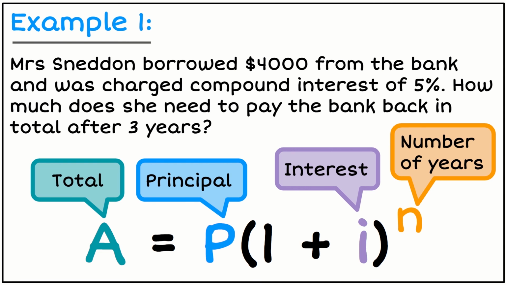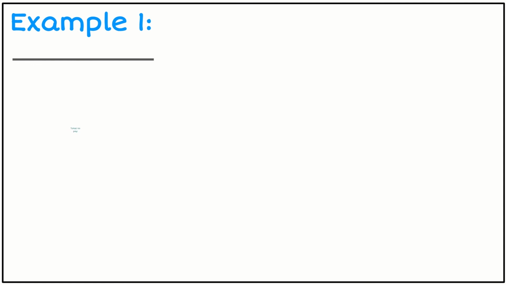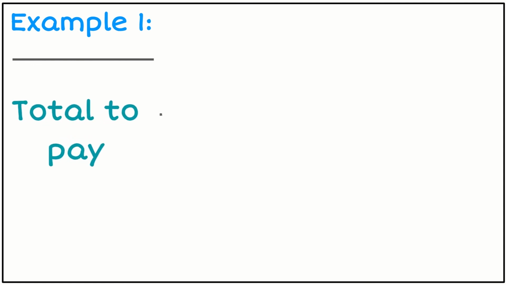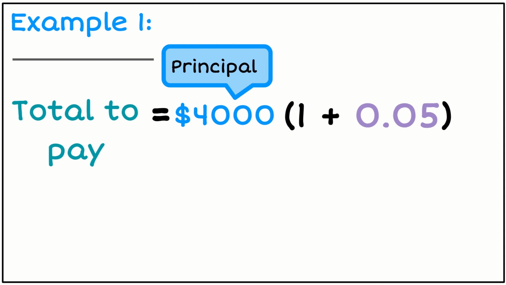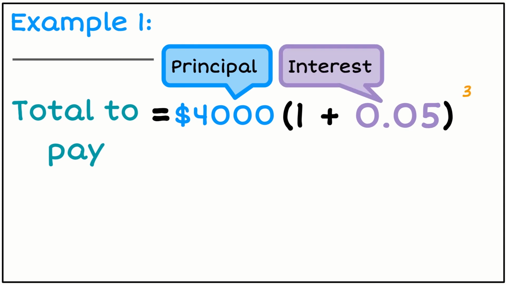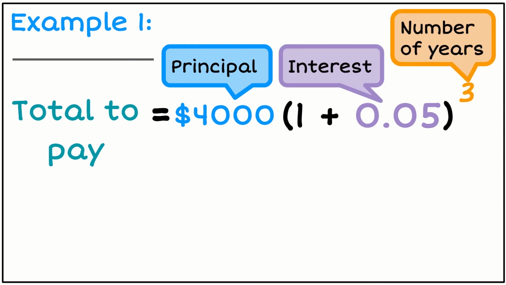So we want to substitute those numbers into our formula. So that's going to say our total amount to pay is equal to our $4,000, which is our principal, times 1 plus 0.05, which I've turned that interest rate of 5% into a decimal. And then it's all to the power of 3, so that's the number of years we have.